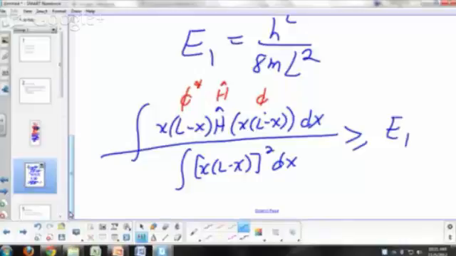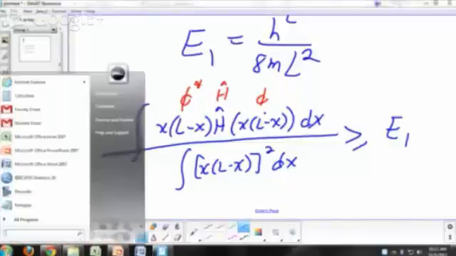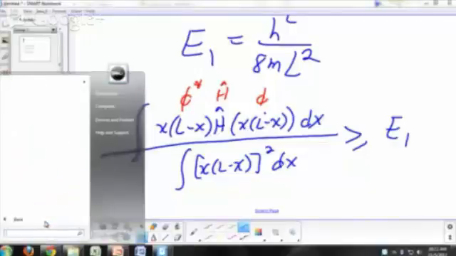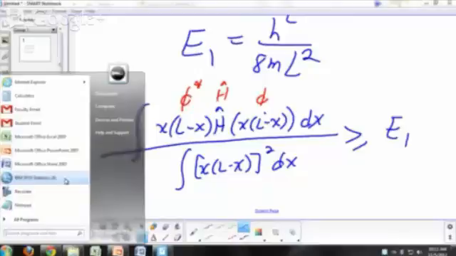Do you want to do that as homework? Bonus homework. Okay, let me get you started on that, and you can finish it yourself. You can do that easily with MathCAD. I'll allow you to use MathCAD. You don't have to. Let's see, where is MathCAD here?